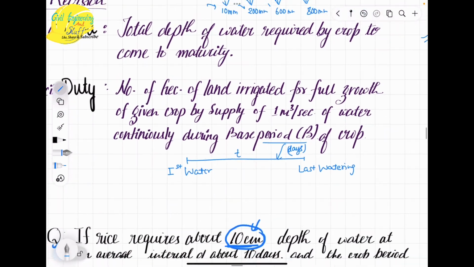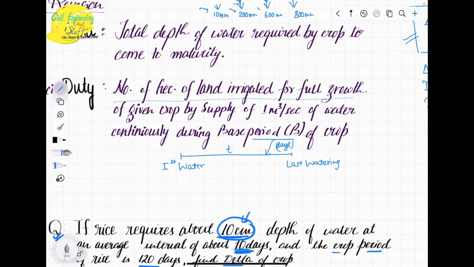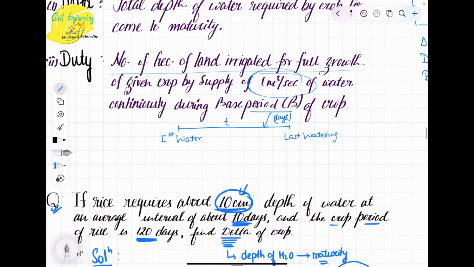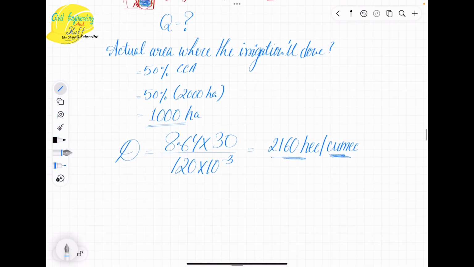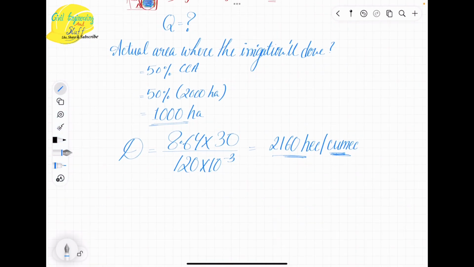The definition of duty is the number of hectares of land irrigated when you're supplying water at the rate of 1 meter cube per second for the base period B. This means that if in this period of 30 days you're supplying water at the rate of 1 meter cube per second, we will be able to irrigate 2160 hectares of land.